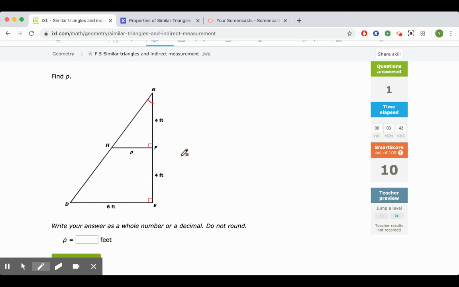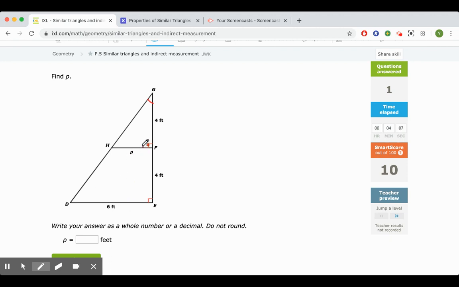Okay? And now let's use some stuff we learned in the past. Here's this right angle, here's this right angle. You can see two lines that are connected by a transversal. So these are corresponding angles. Now, since they're congruent, that means that these two sides, or these lines here, are parallel.